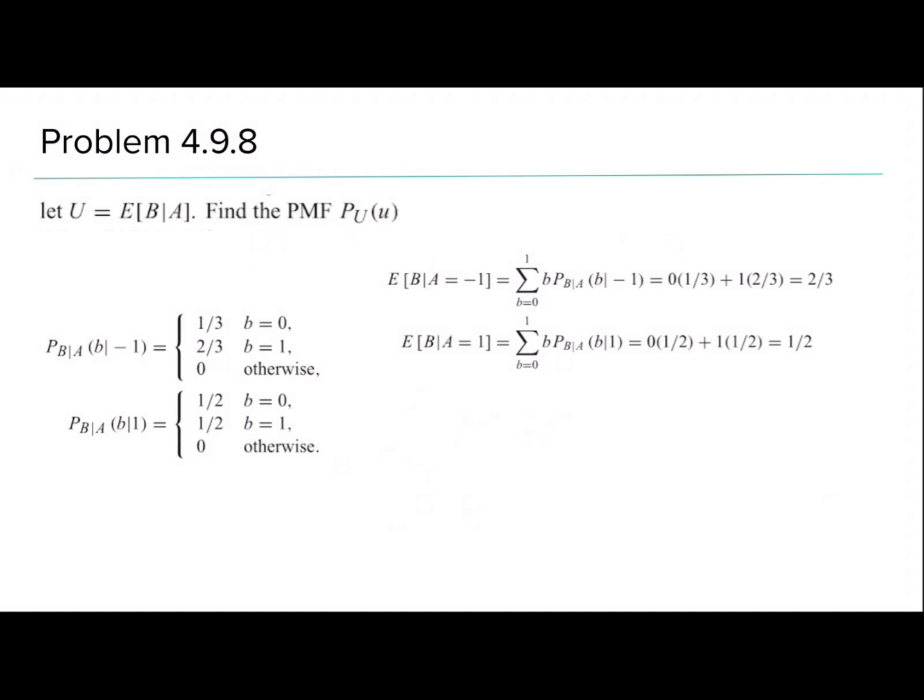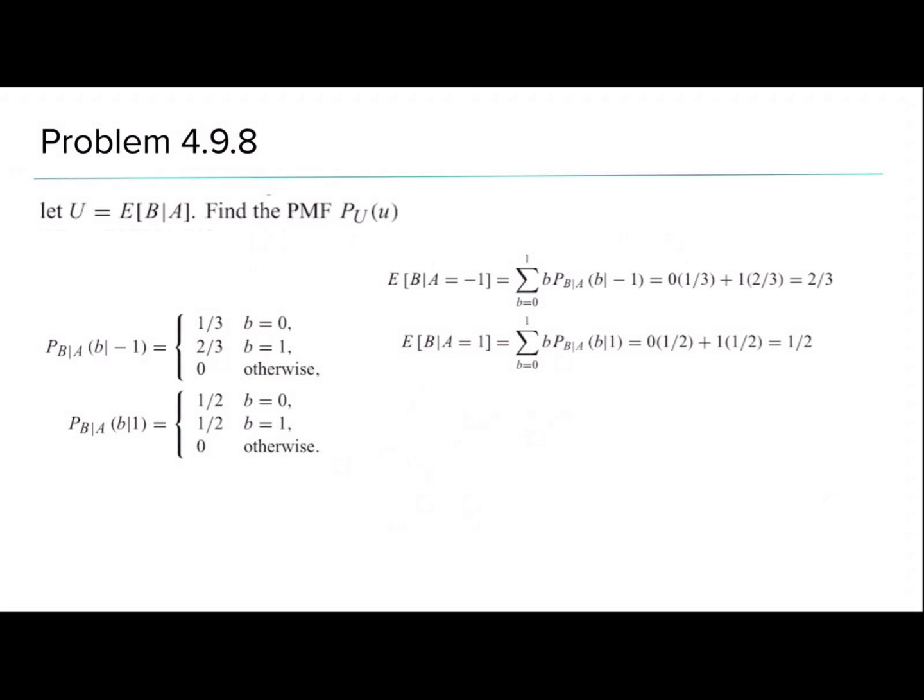For both these the formula is quite direct, and I think we've used this in several of the previous questions. This will be equal to the summation over all possible values of B, B into the conditional PMF P of B given A, B given that A is equal to minus 1, which will be equal to 0 into 1 by 3 plus 1 into 2 by 3.